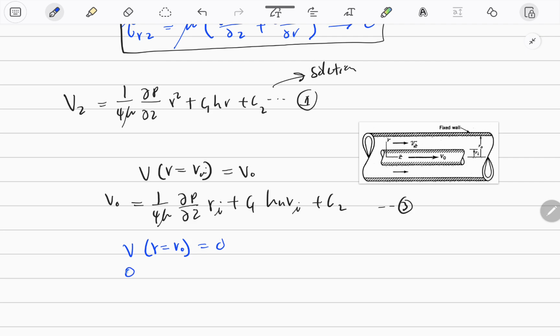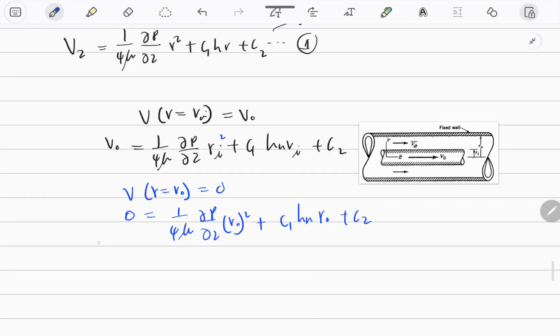So we have 0 equals 1 over 4 mu dp dz times R naught squared plus C1 ln R naught plus C2.